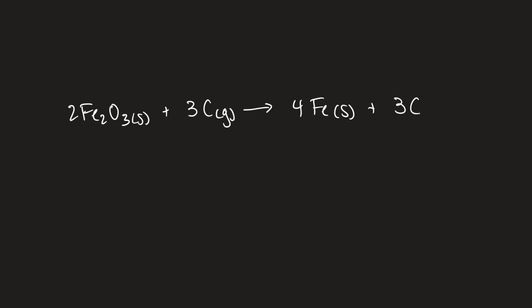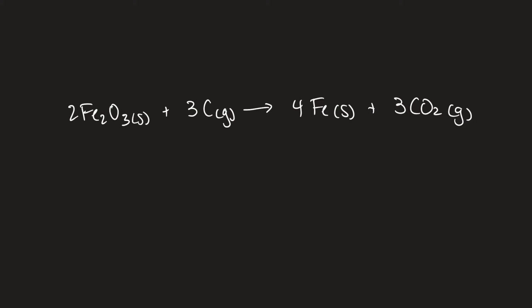So we have 2Fe2O3. So iron(III) oxide, solid iron(III) oxide, and it reacts with carbon gas, all right, and it's going to form iron solid plus carbon dioxide gas.